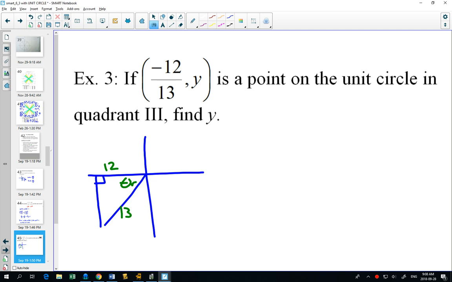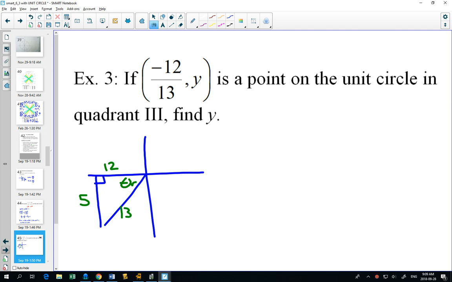And then when I find my y-coordinate, can you see that your y-coordinate in this quadrant has to be negative? And your y-coordinate is sine, and sine is negative in quadrant 3. A squared plus b squared equals c squared. Maybe you recognize this one.